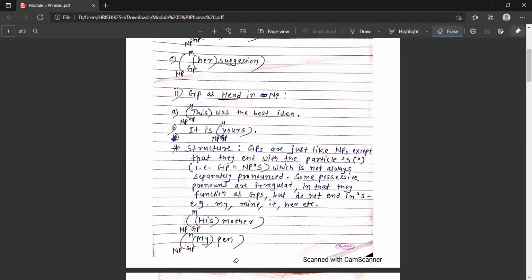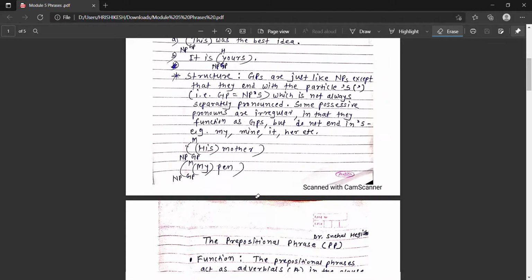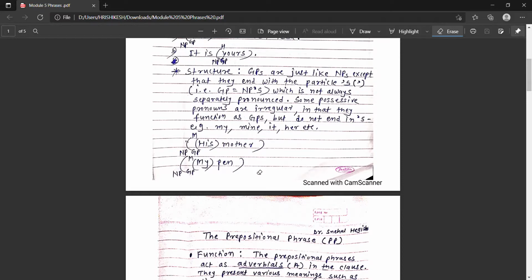Noun is the head of which phrase? My pen. So these two examples, his mother and my pen, tell you the structure of GP. GPs are just like NPs. So while discussing phrases, you should first of all study very carefully our first phrase, that is the noun phrase. Noun phrase is very important. Read the structure and function that we discussed last time.